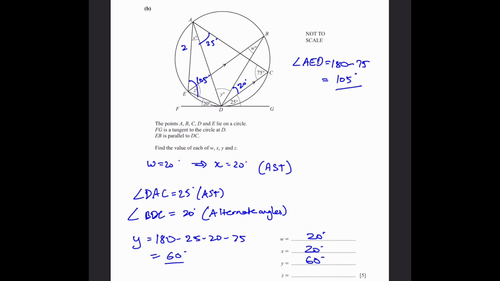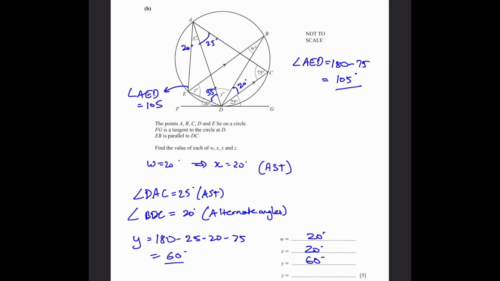Now because we know X, which is 20 degrees, we can find the value of this angle ADE over here. And this is just going to be 55 degrees. And the reason why this is very helpful, give me a second, I'll just write the angle here for some clarity.